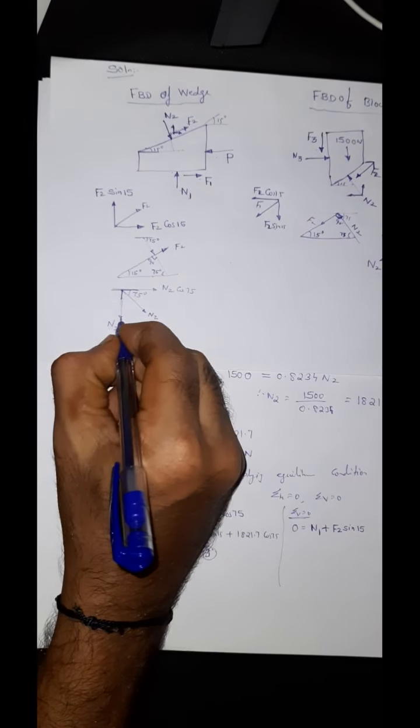So N1, which is in the positive y direction, will carry the positive sign, and F2 is also in the positive direction, so plus F2 sin 15, and N2 is in the negative y direction, which will carry a negative sign, N2 sin 75.